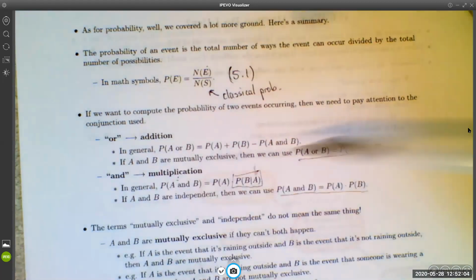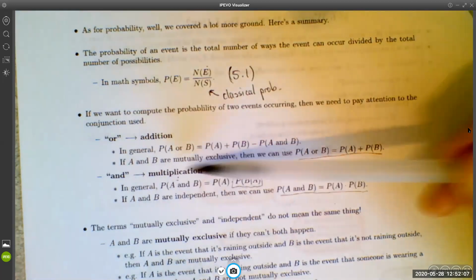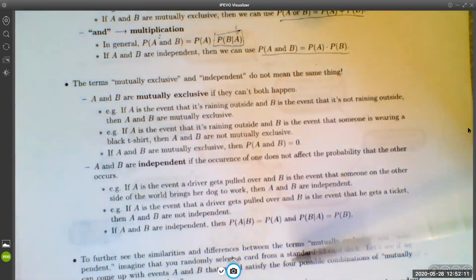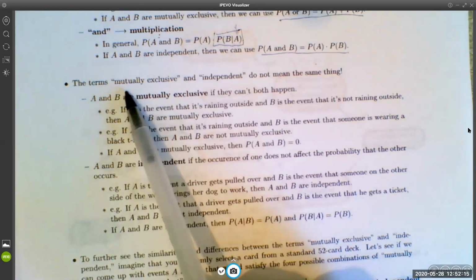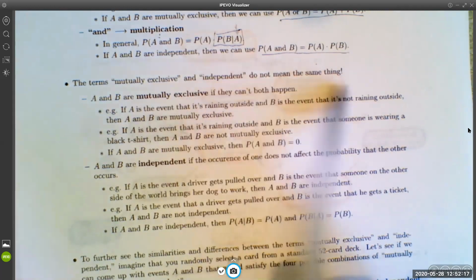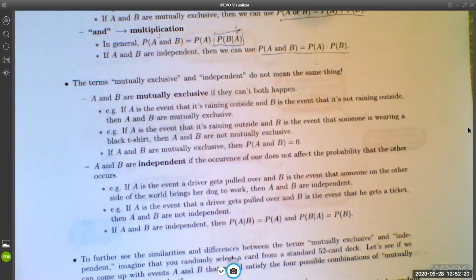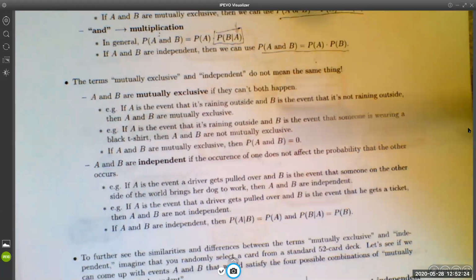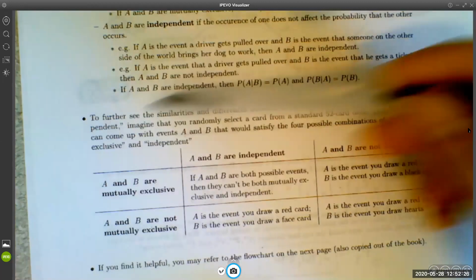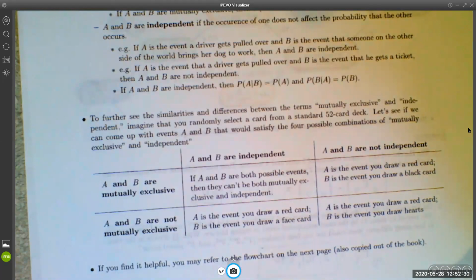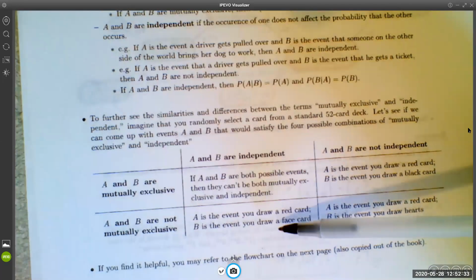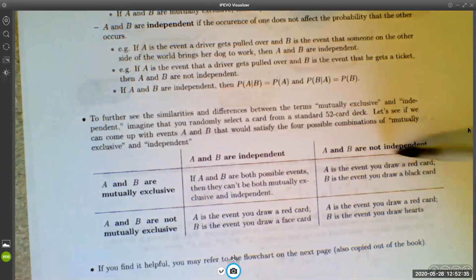Now, when talking about these shortcut rules, the terms mutually exclusive and independent come up. I do want to just point out that the terms mutually exclusive and independent do not mean the same thing. And so if you want some more detail, if you're confused by that, read through these things and also take a look at this chart where I've provided you some examples of things that are mutually exclusive but not independent.